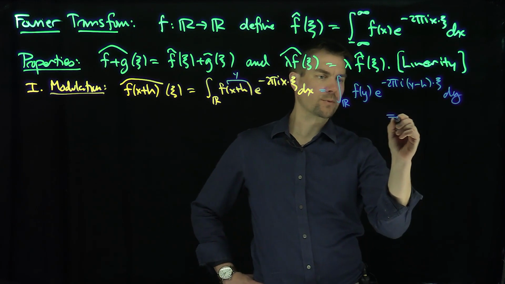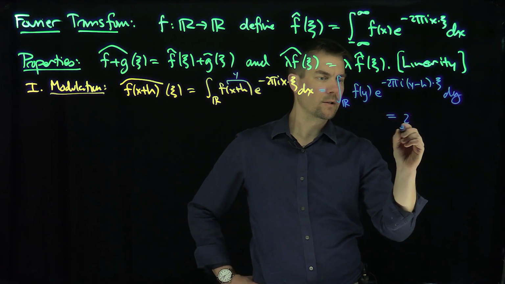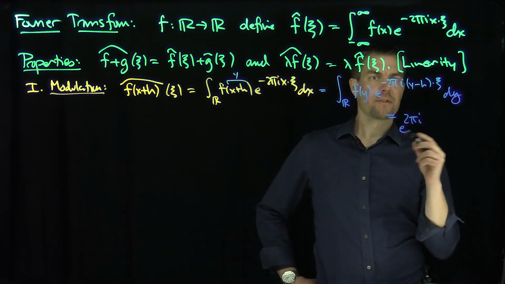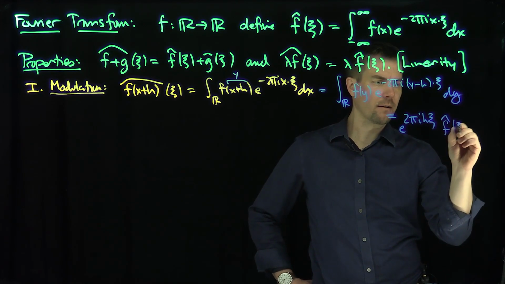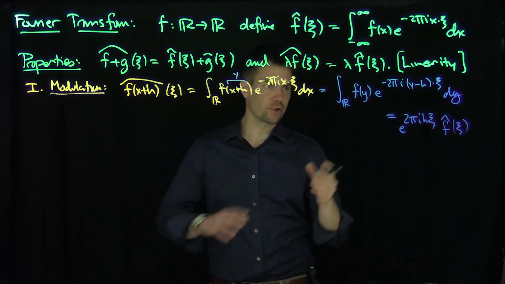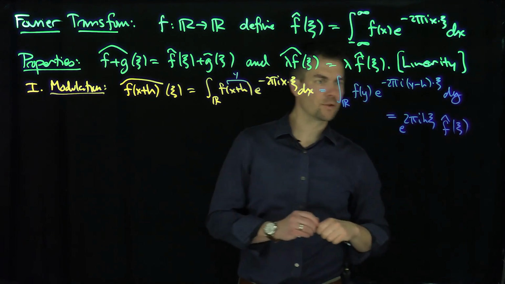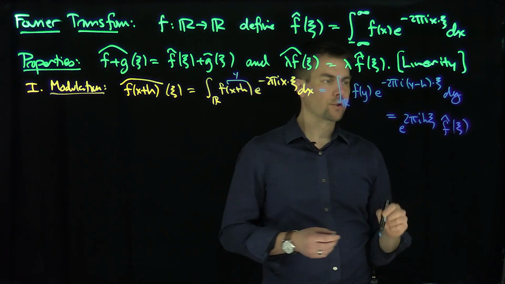This is really just the Fourier transform of f, and then the extra factor is e to the 2 pi i h xi, times f hat of xi. So in other words, if I translate the function, that modulates the Fourier transform by this e to the 2 pi i h xi. Great. And then what's left over is just the Fourier transform.